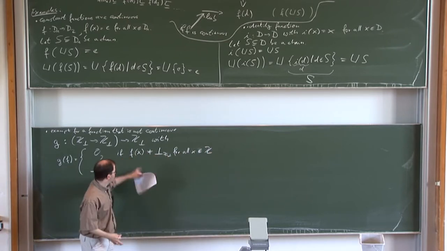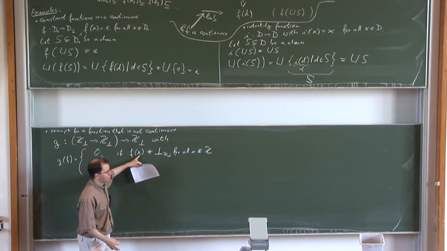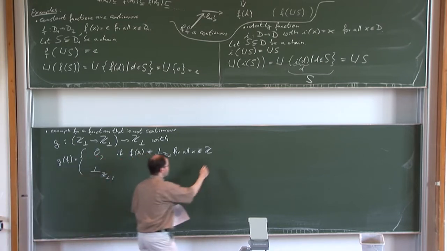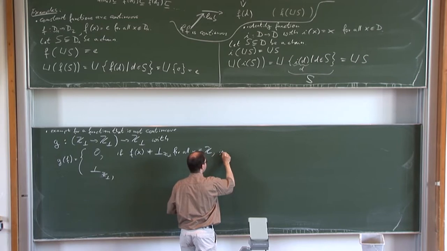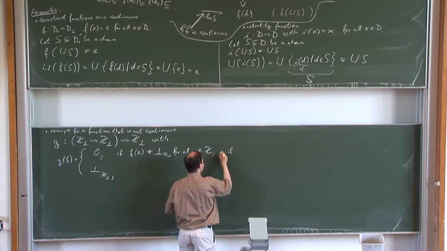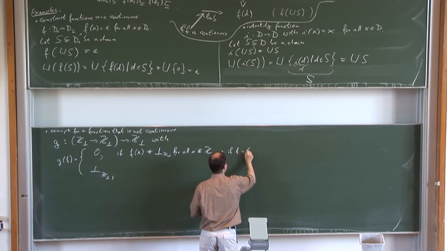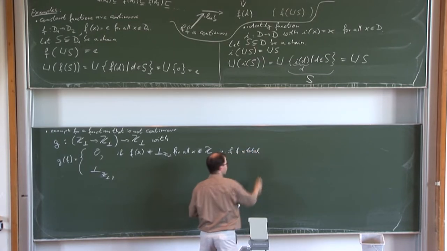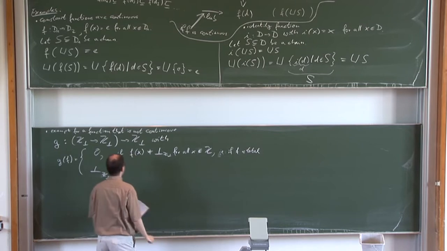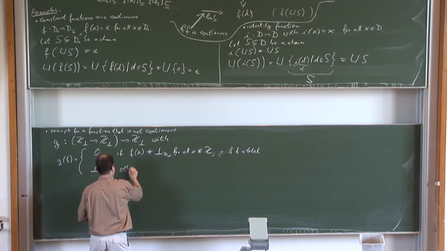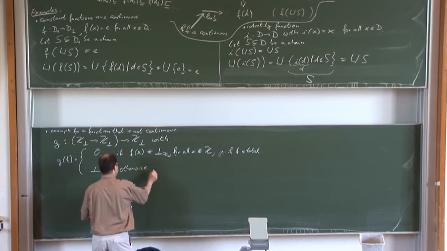So for bottom, f might return bottom, but if you apply f to 0 or 1 or 2 or 3, it should be defined. So in other words, it returns 0 if f is total, if it's defined everywhere. And otherwise, we return bottom.